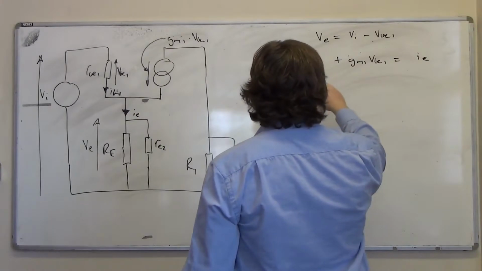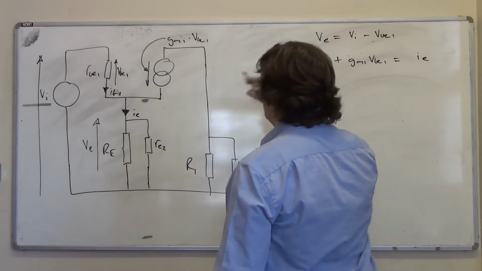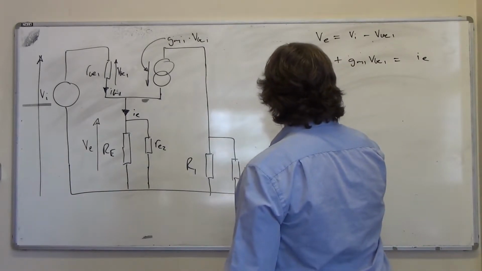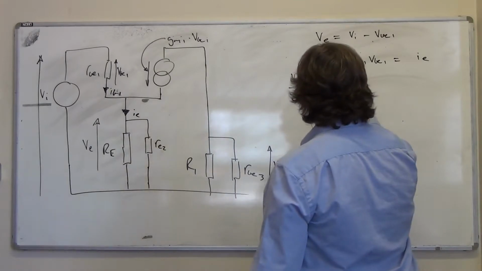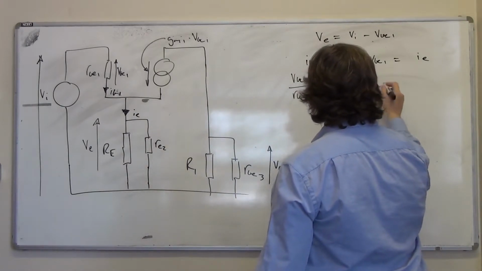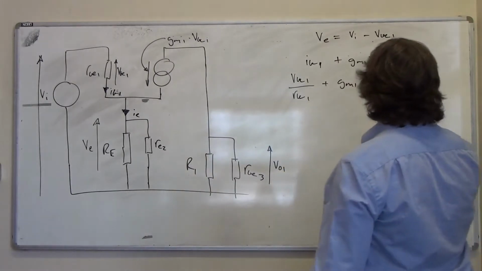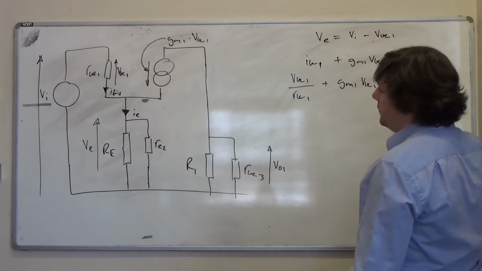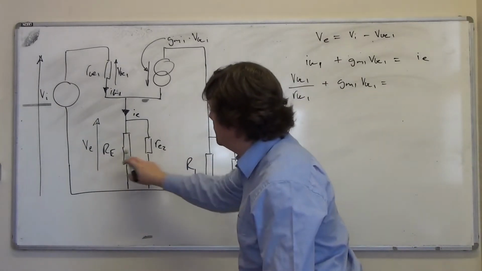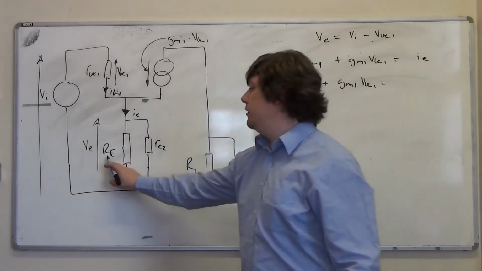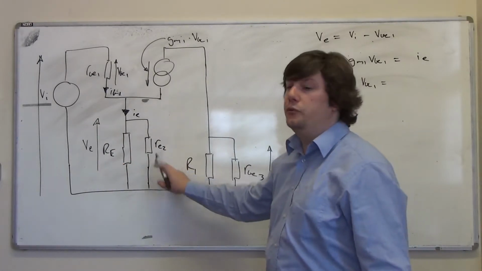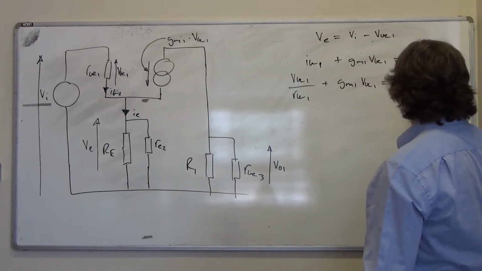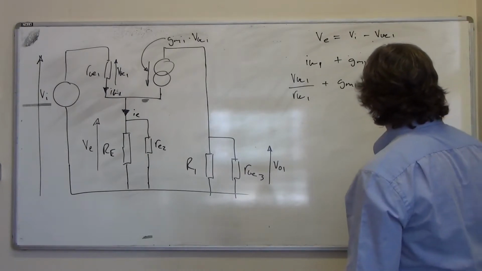We will then do Ohm's law on this, and we'll have IB1 goes to VBE upon RBE, so we'll have VBE1 over RBE1 plus GM1 VBE1 is equal to, now I've got VE here as an expression, and I've got IE. Now IE is VE upon the parallel combination of RE and RE2. So I can say that is VE over RE parallel RE2.